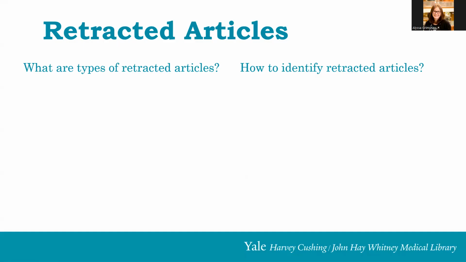And then the other really important question is how to identify retracted articles. If you do a search, you can do a hand search in any of the databases for your paper, and depending on the database, it may have retracted as a tag, or it may have retracted in the title. If you're using Ovid EndNote, you can do a find reference updates, and it will also tell you if that paper is retracted.